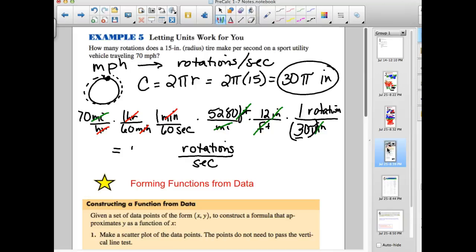You should be getting 13.072 rotations per second. We good with that?